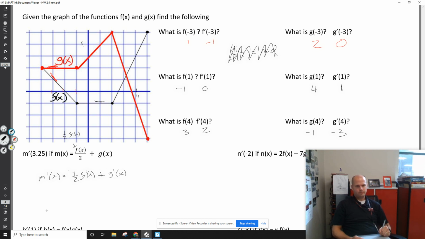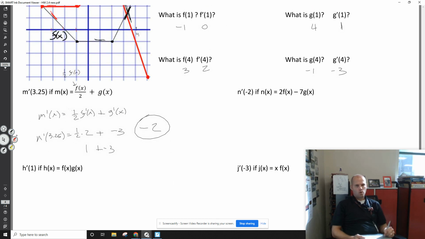Derivative of g is g prime. If I'm asking for M prime at 3.25, I just need the slope of f at 3.25. The slope of that is going up 2 over 1. The slope of g at this point is down 3 over 1. And I get negative 2.